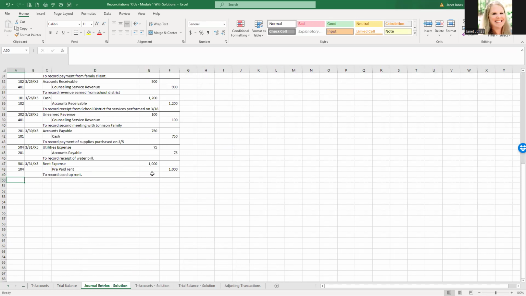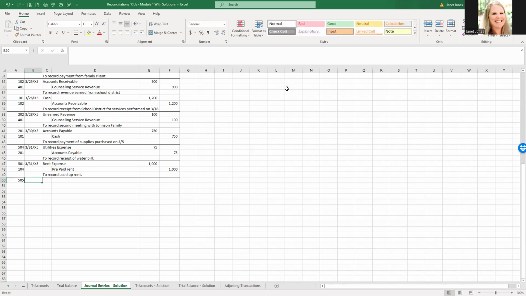Now we'll go to the second one. The second one told us that we had a computer that cost $2,000, no salvage value, and a 5-year useful life. 5 times 12 is 60 months. So we're going to need to deduct 1/60th of the cost of that computer because we've used up 1/60th of its use. We'll again start with debiting our expense.